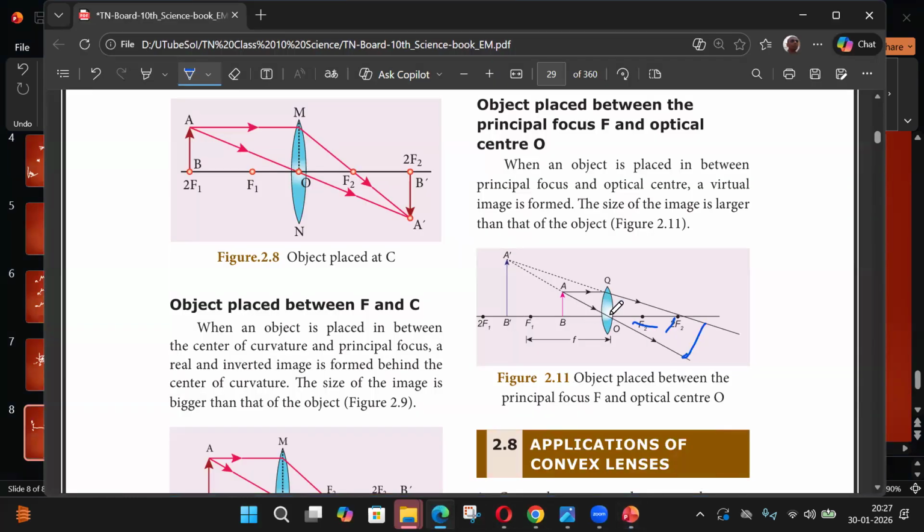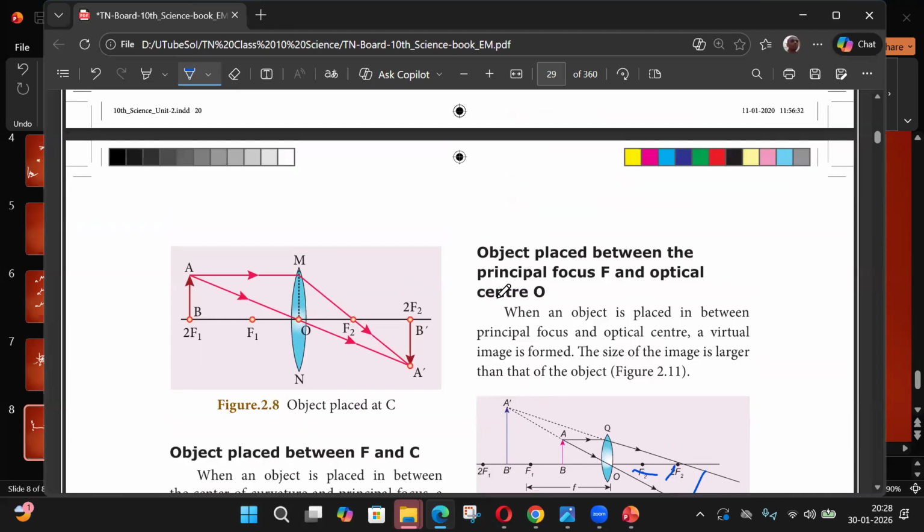Okay, between the object and the focal point, the object is here, between the lens and the focal point. So here the outcoming rays are divergent. So now it will not meet, but if you project it backwards, it will meet somewhere. So this is like a virtual image. It's not a real image.